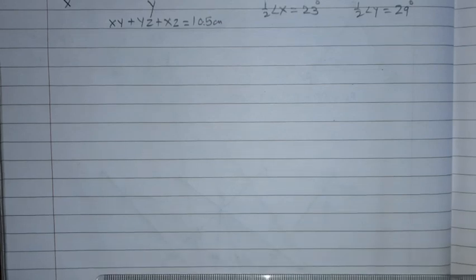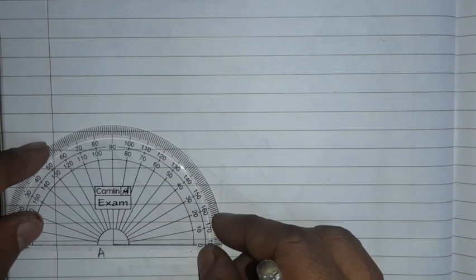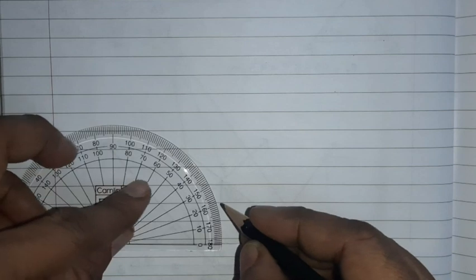See dear student, here it is 0 and here it is 10.5. A, B. Now see dear student, here it is X and Y. X angle is of how much? 46. Half of that 23. Therefore at the point A we have to draw the angle of 23 degree.